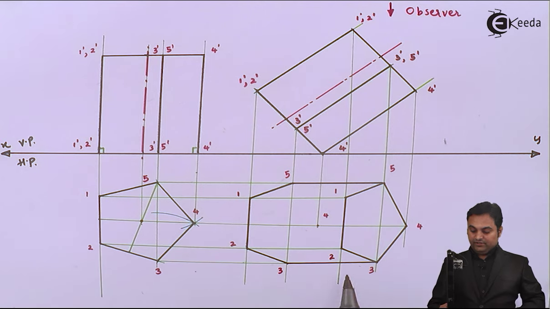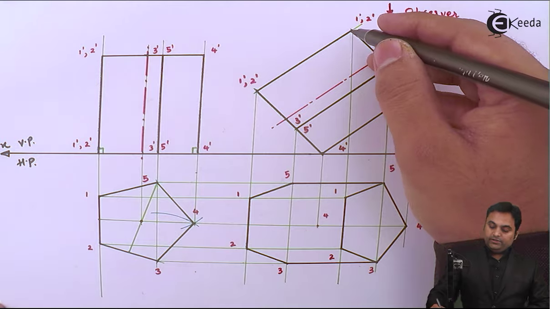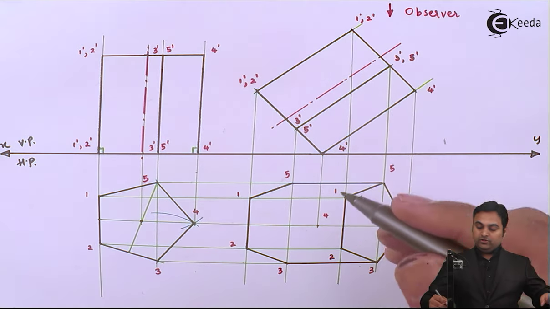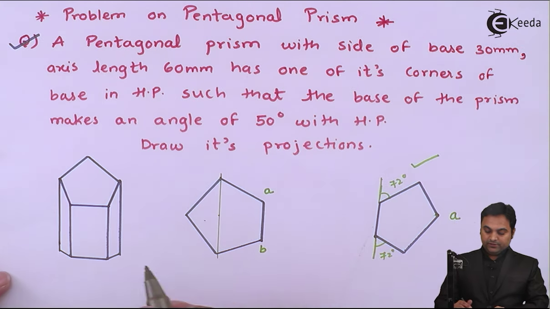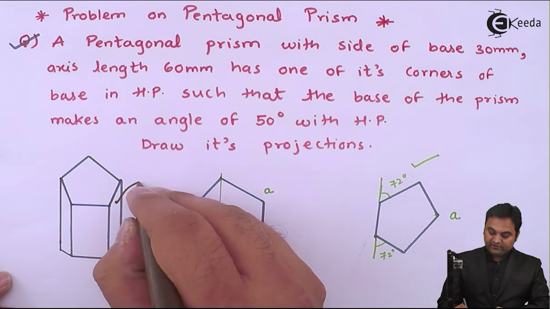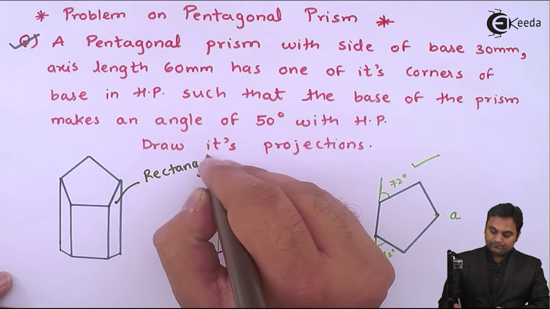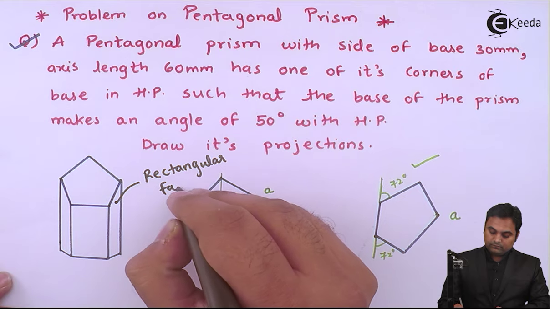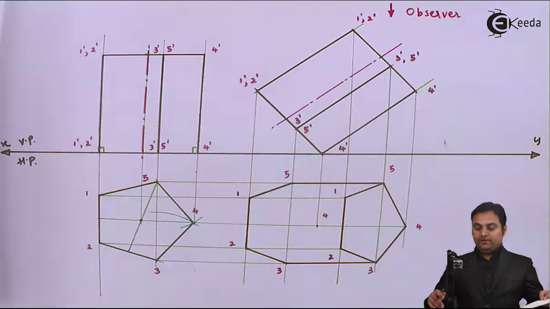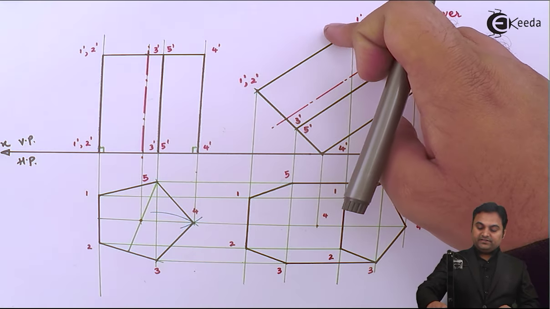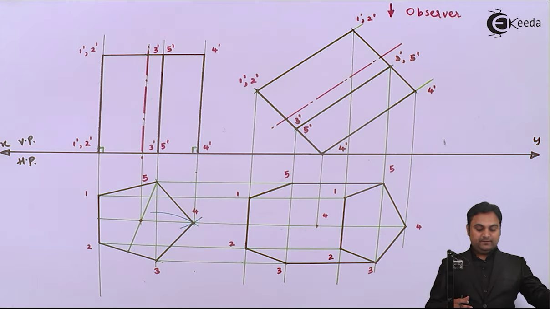Then after connecting the outlines, when we are looking from the top, here there is a rectangular face 1 dash 2 dash. It means a pentagonal prism has 5 rectangular faces. If the pentagonal prism is tilted, this rectangular face 1 dash 2 dash will be visible.